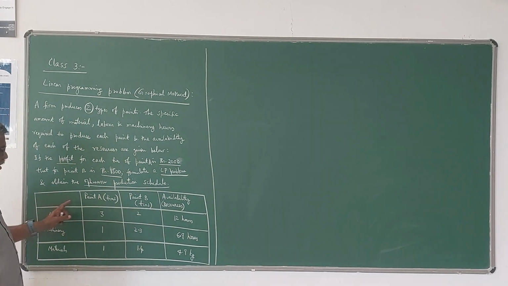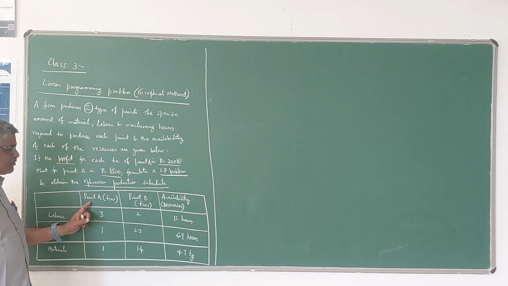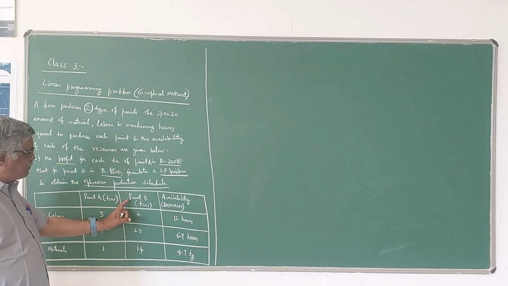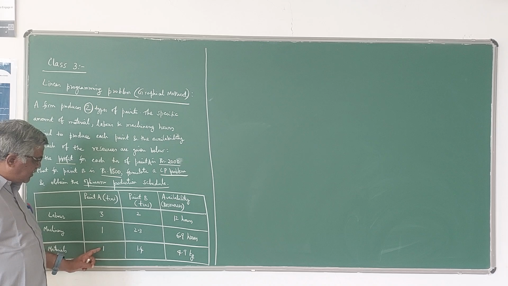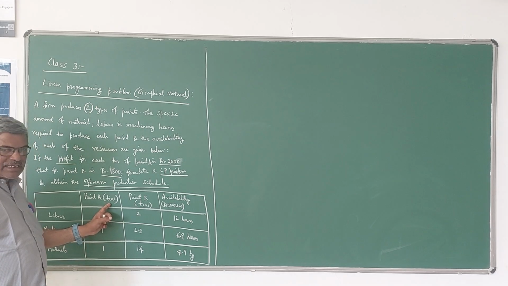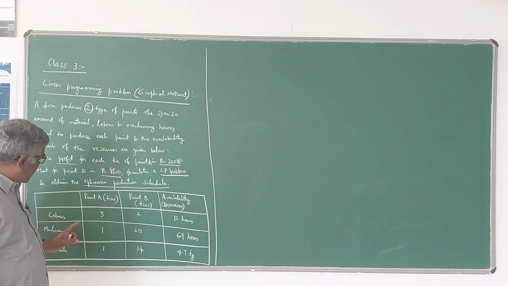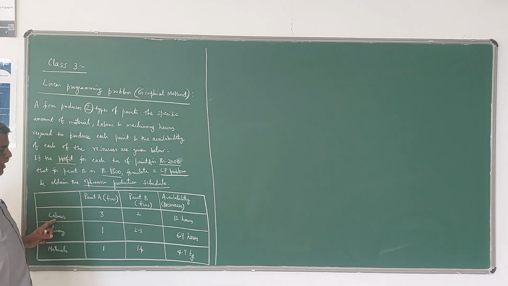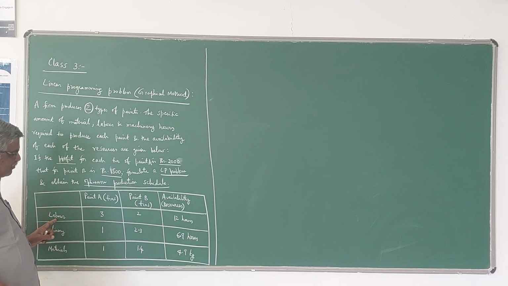So these are the data given. There are two types of paints here, paint A and paint B. The numbers given in this table are the number of tins and the required labor.